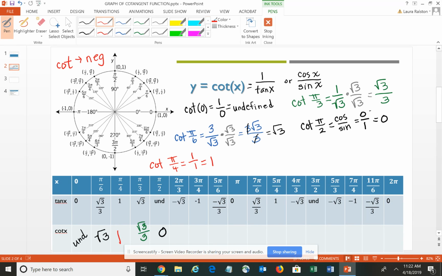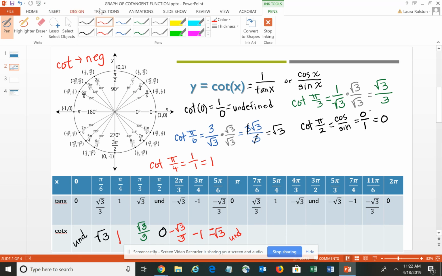So at 2 pi thirds, we would have negative square root 3 over 3. At 3 pi fourths, we would have negative 1. At 5 pi sixths, we would have negative square root of 3. At pi, when you take the reciprocal of 0, it's again going to be undefined.